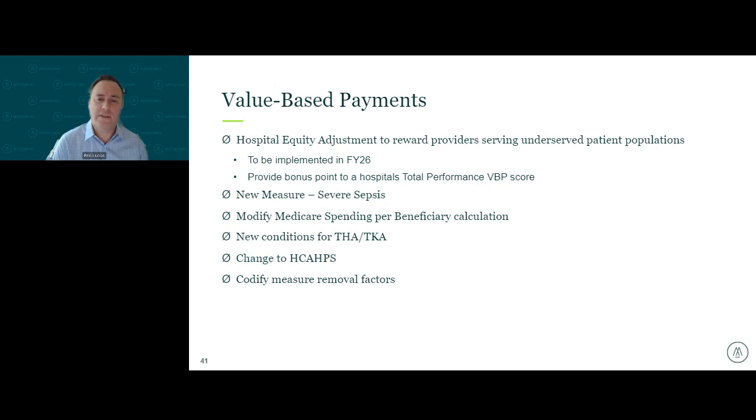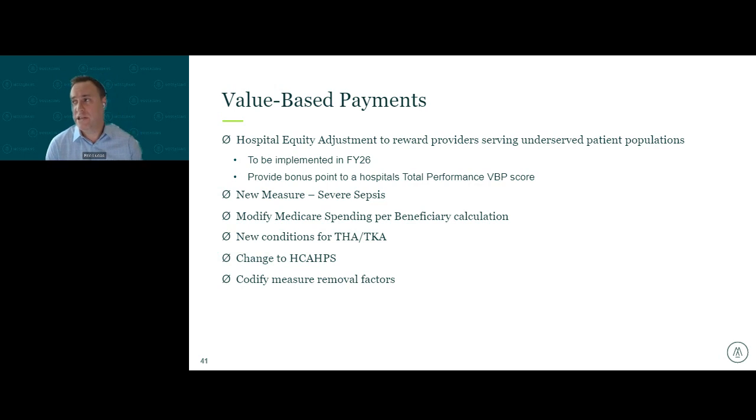This is something that CMS will continue to evaluate in determining how to properly address those who serve an underserved patient population. They've added severe sepsis as one of the measures and made changes to the calculation for the Medicare spending per beneficiary calculation.